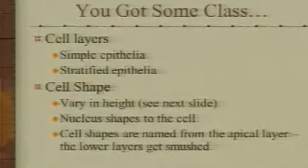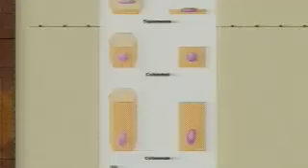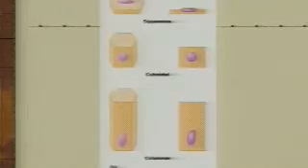We're going to talk about columnar and cuboidal shapes. They're not perfect squares, they're not perfect columns, okay? What you're looking for is with squamous cells, and this is the cell at the top, squamous cells don't have a real definitive shape.